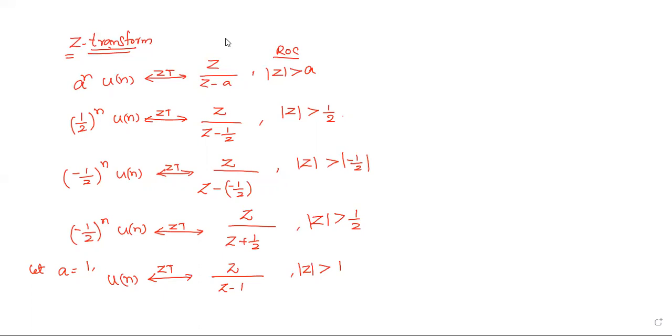Now we will see the left sided signal, how we will write the Z transform as well as the region of convergence. So now minus a power n u of minus n minus 1. What will the Z transform be?